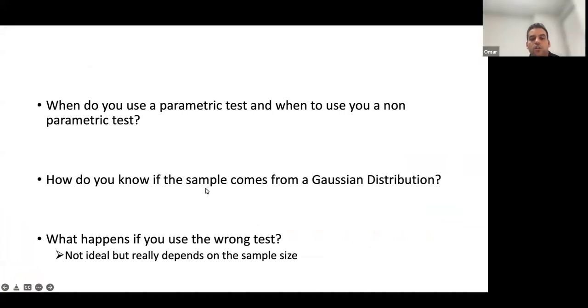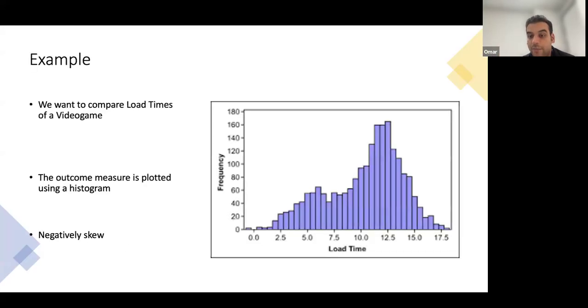So, a classic question is: how do you know if the sample comes from a Gaussian distribution? Gaussian distribution is normally distributed data, so don't get caught out. Gaussian is just normal bell-shaped curved data. The answer, if this comes up in the exams, is I'm going to plot the data on a histogram.